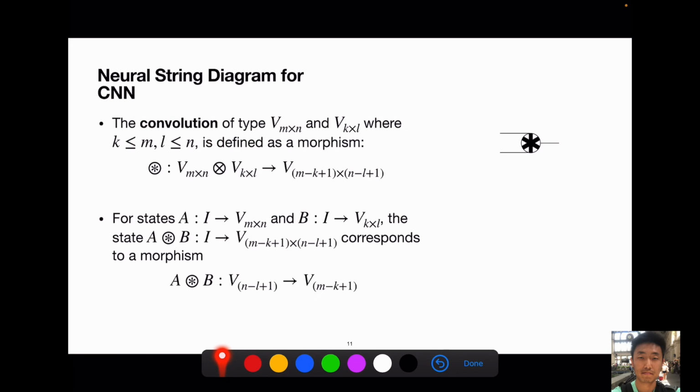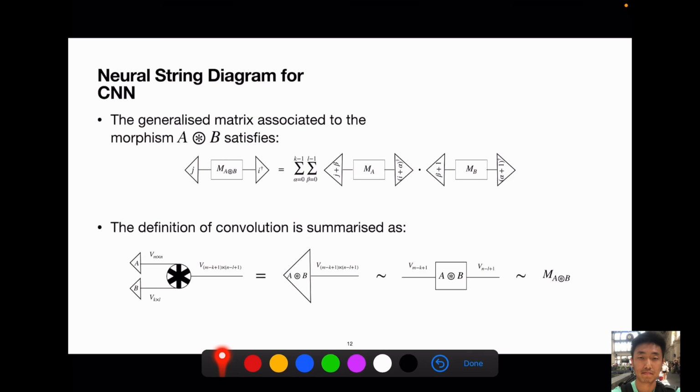For states A and B, the convoluted state A convolution B corresponds to a morphism in such a way. In particular, the generalized matrix associated to the morphism A convoluted with B satisfies the following string diagram equation.